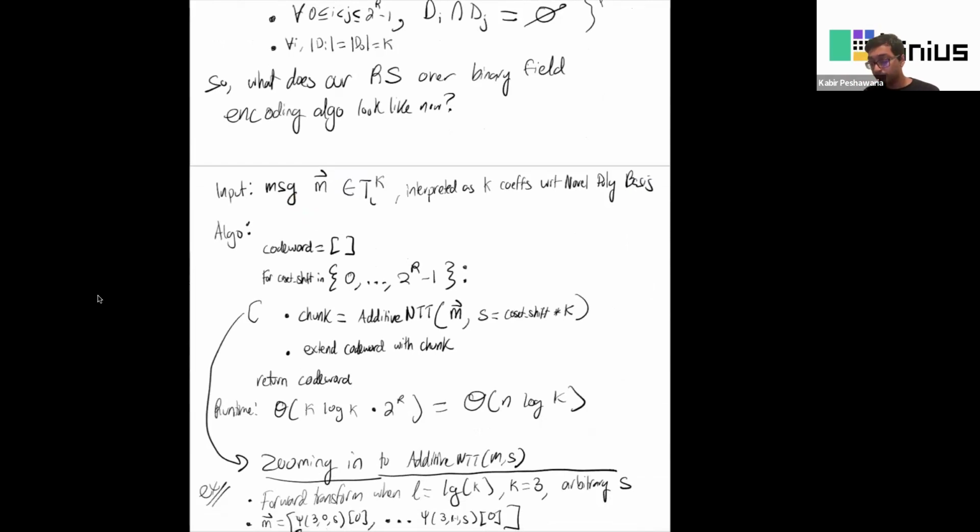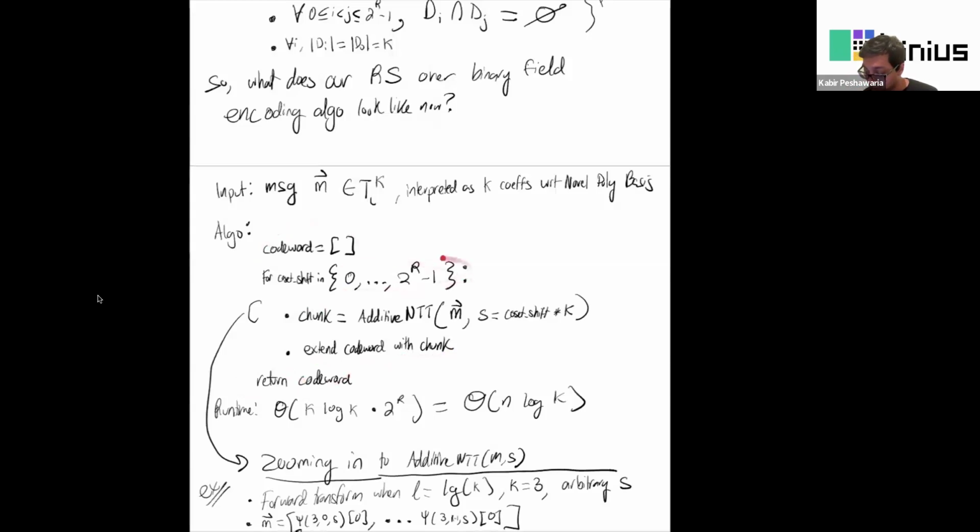Our algorithm starts with a codeword as the empty array, and for each coset shift in 0 to 2 to the r minus 1, we calculate a chunk of our codeword, which is the additive NTT on the message with shift parameter s set to our coset shift times k. We extend the codeword with this chunk. We return the codeword.